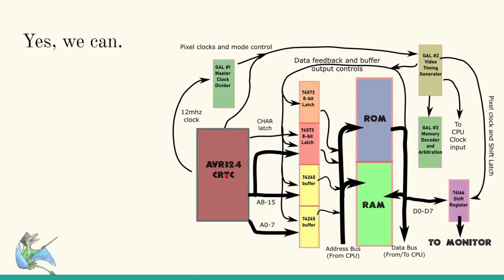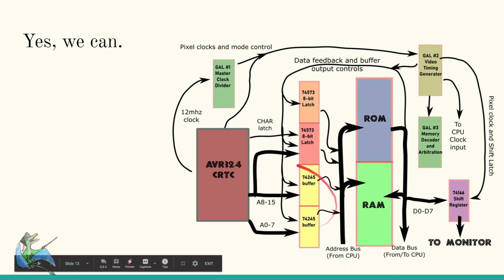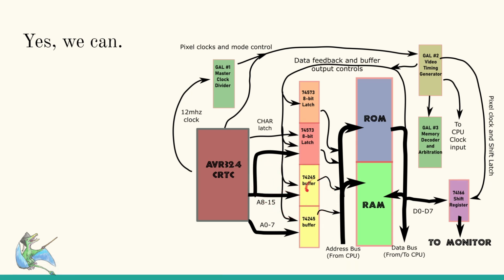The way I've set this up, when it's the video system's turn the first time, it does the needful. The latches get opened here, or the buffer gets turned on, and an address goes out. That address can be either RAM or ROM, controlled by the memory decoding. And then a byte is output.